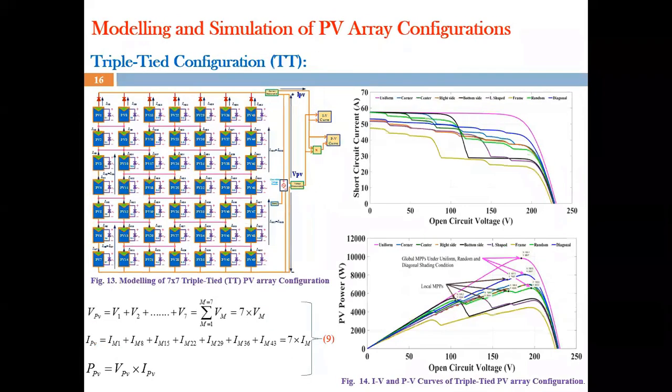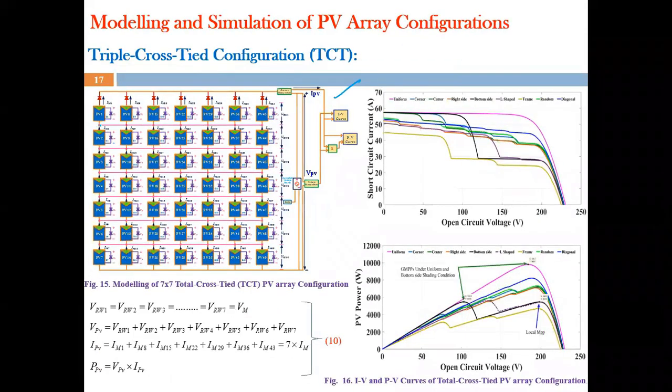That means, see here, this module is connected. So what can you ensure? The VPV of row 1 will be equal to row 2 voltage, row 3, clear? All these values are the same.